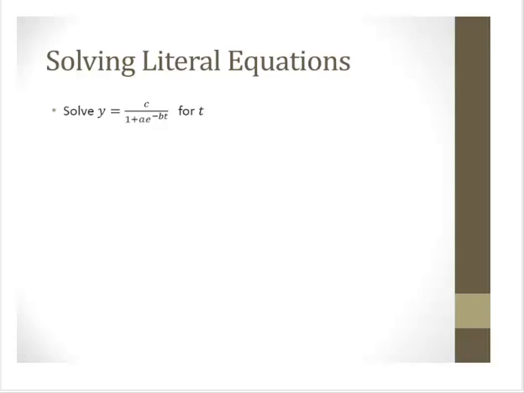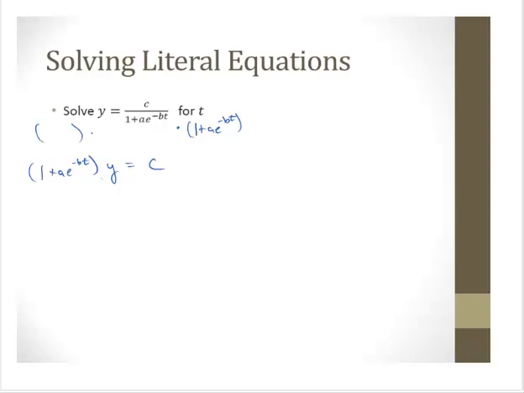One approach that we could do is, let's get rid of the fraction. Let me multiply both sides by 1 plus a e to the negative bt. Then I would have 1 plus a e to the negative bt times y equals c.